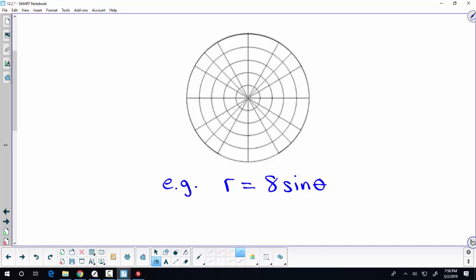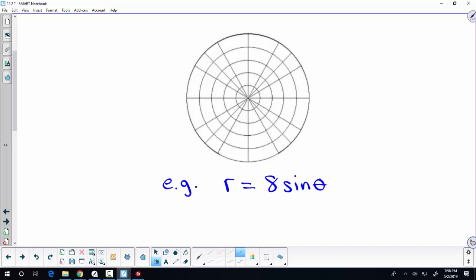If we divide by 8, we still need x and y in here. With sine, we need an r sine to turn that into a y. With the r, we need an r squared to turn that into an x squared and a y squared. If we solve for theta, that wouldn't give us anything as far as x and y are concerned.